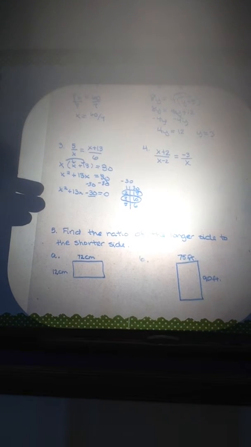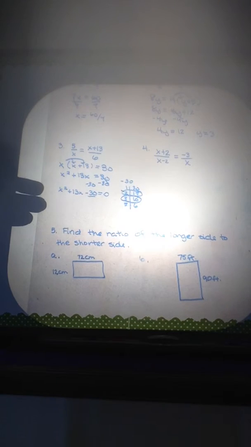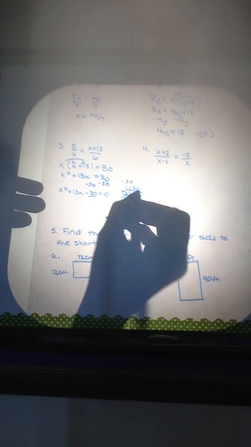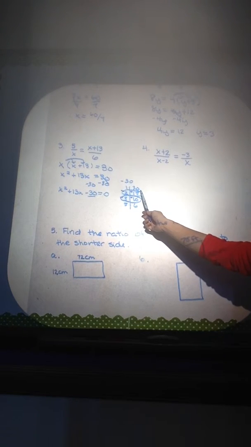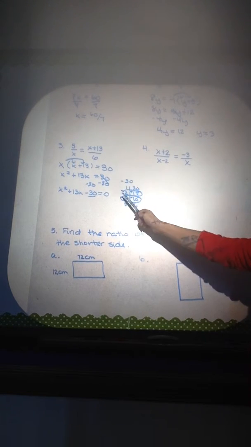Now we have to look at our signs. Those are very important. So if I did this one, remember I said I'd take 15 minus 2 to get 13, and I'd do 10 plus 3. So I'm going to put my little signs in there. And I want to know what multiplies to negative 30. If I look at this, negative 2 times 15 is going to give me negative 30.